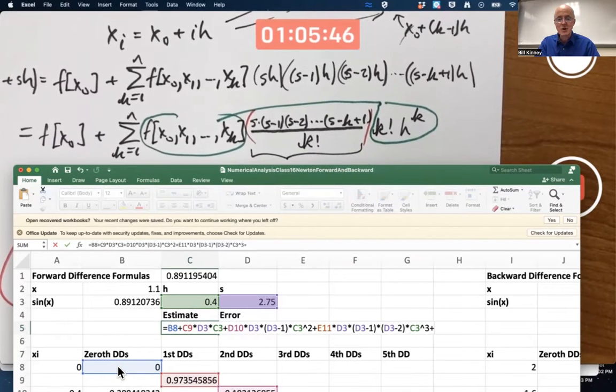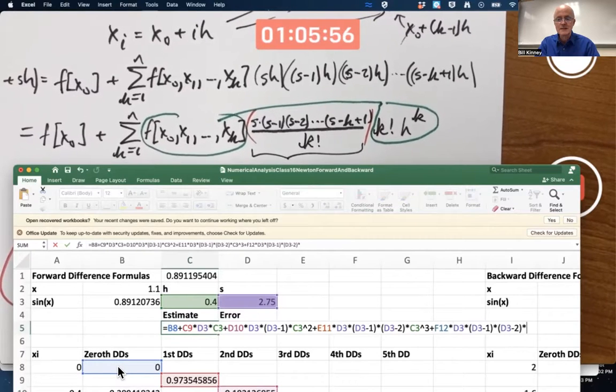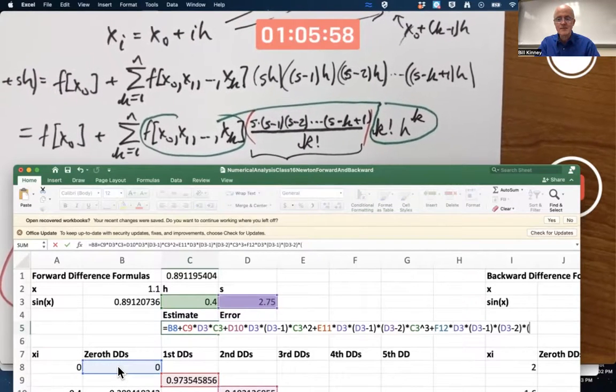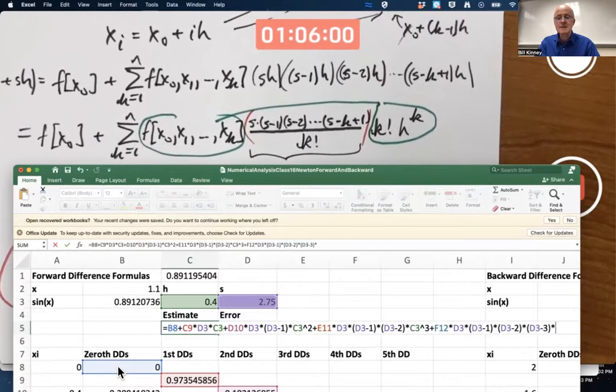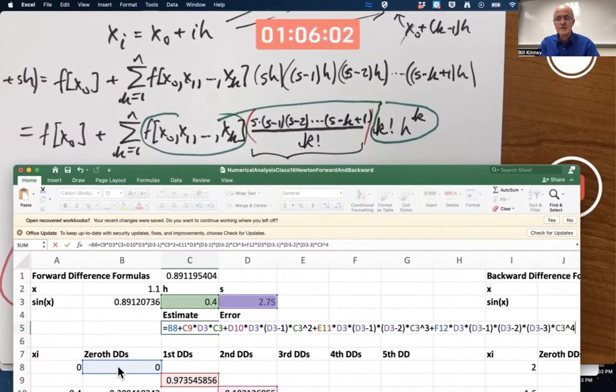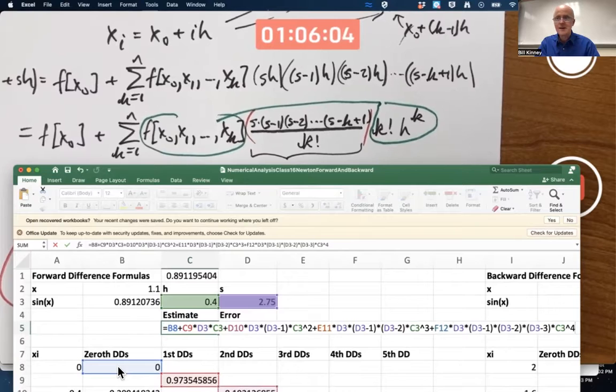Plus 2 more terms. Fourth divided difference would be an F12 times S times S minus 1 times S minus 2 times S minus 3 times H to the 4th. See, we're probably not going to get to the backwards difference formula today.